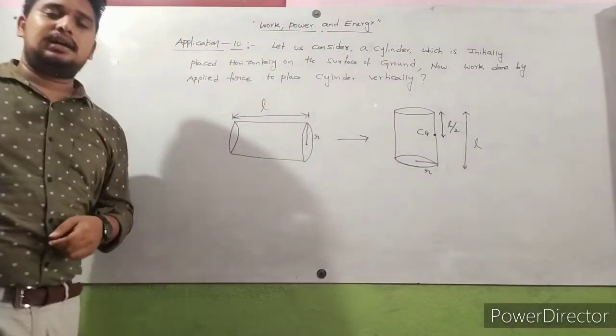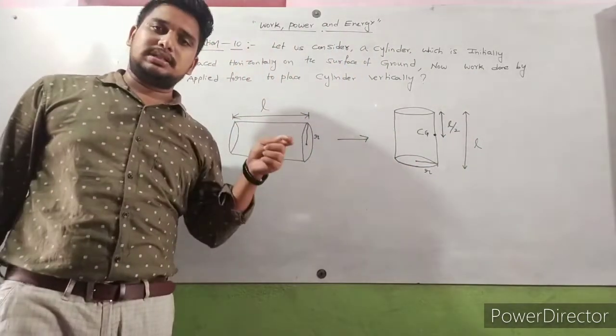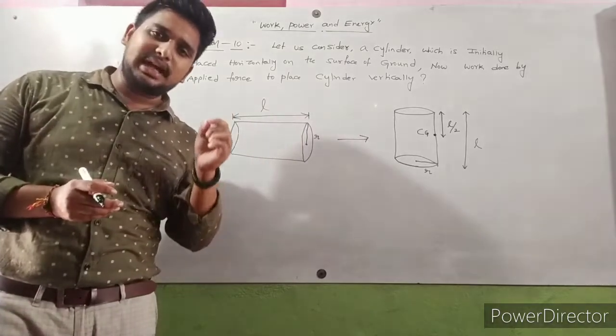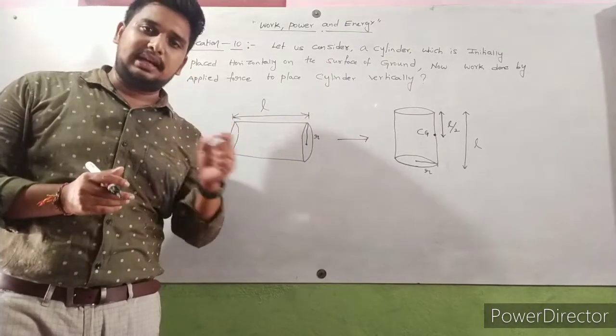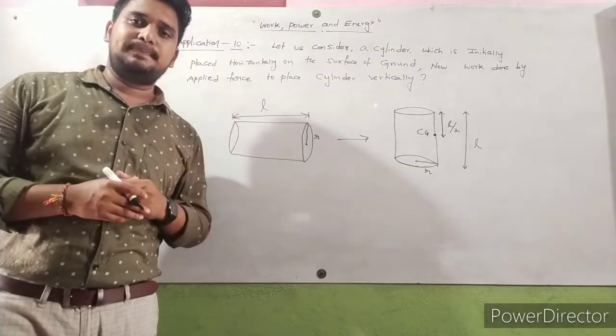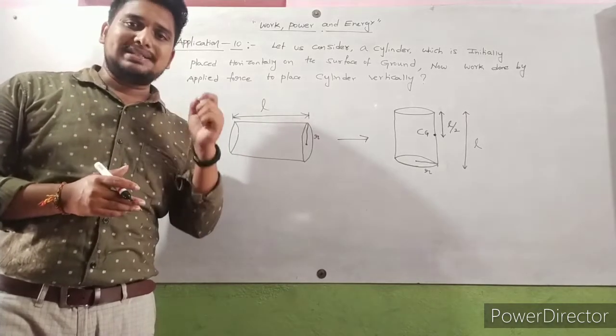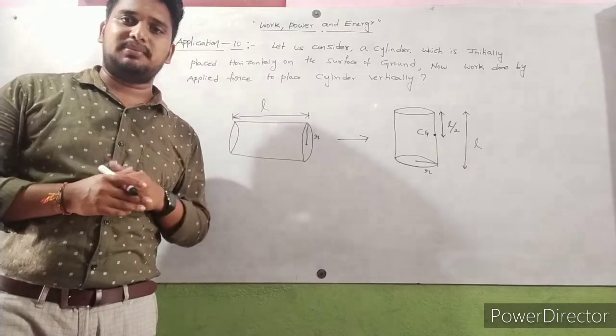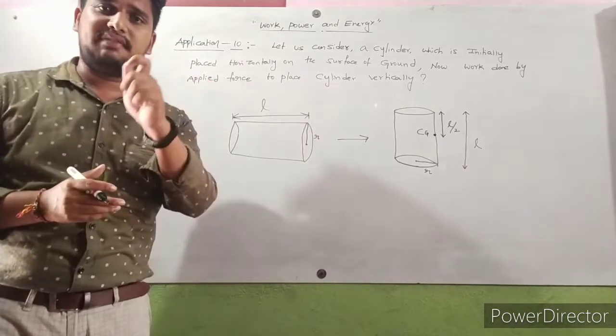Already I explained in the last lecture, if you consider a uniform rod or cylinder, uniform chain or rope, we must consider displacement from the center of gravity.